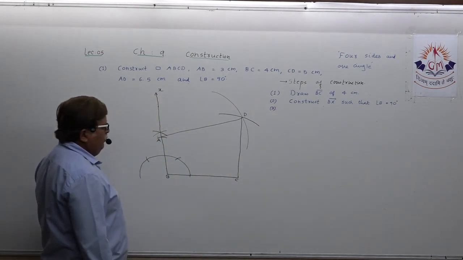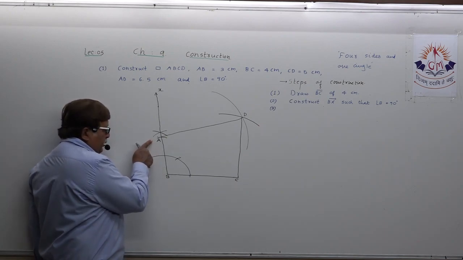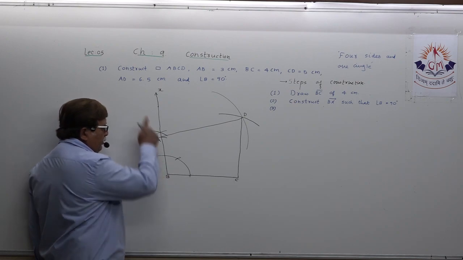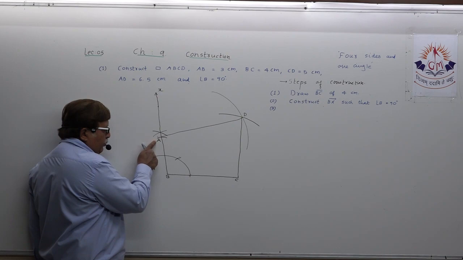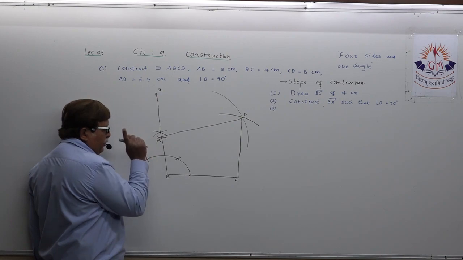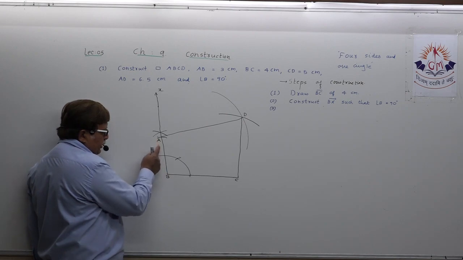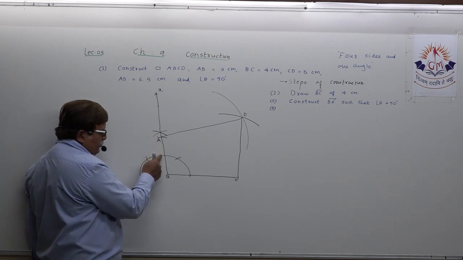The third step now. What we have done, can you guess now? Now we have targeted to obtain point A on ray BX. For obtaining point A, you have taken radius of 3 centimeter.